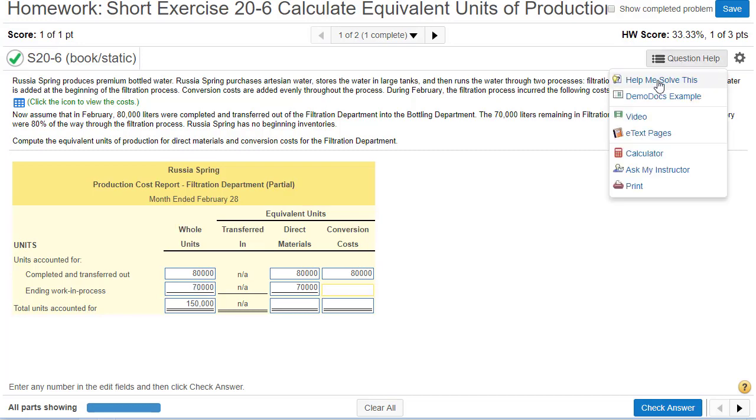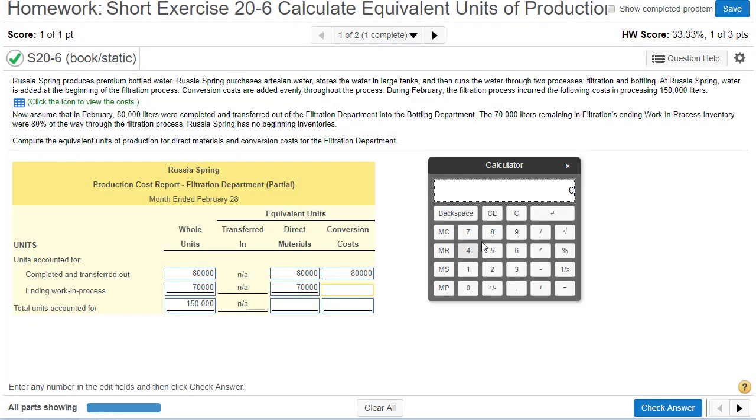Well, this is just simple arithmetic. We just take our 70,000 and we multiply it by 80%, which is 0.8, which gives us 56,000. So that means of these 70,000 units that are partially complete, they are 80% complete. That means that's the equivalent of 56,000 units having all of the conversion costs added to them. And now we can do the math.